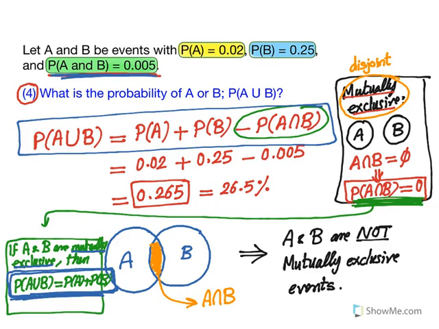But if, as you saw in this example at the beginning, we said that probability of A and B is a number, so it's not zero. So that's why we used the full formula for the OR probability, which is you add the probabilities and then subtract the probability of the intersection, or the probability of A and B. And this will end this question.